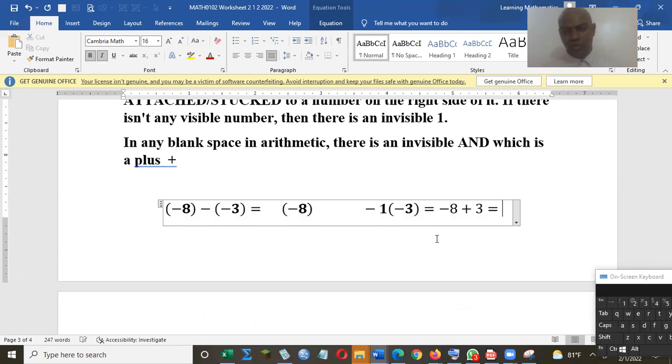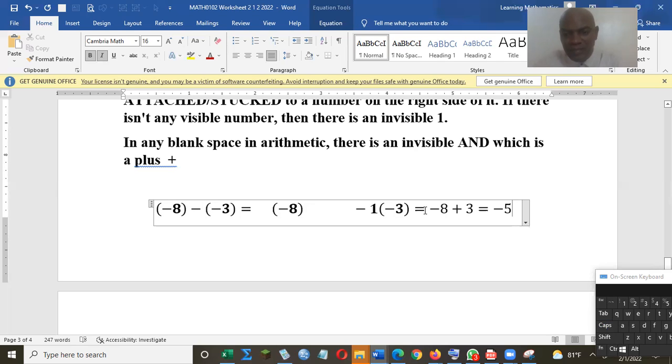Now we owe, but we only have 3. We owe 8 and we have 3. You're taking out 8 and you're just putting back 3. You're still taking out 5. So that's -8 plus 3, or you can say 3 subtract 8, is a -5.